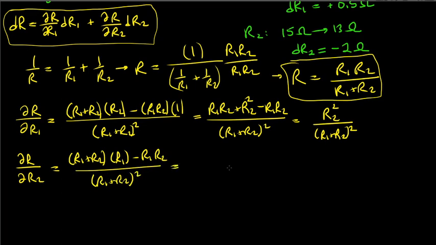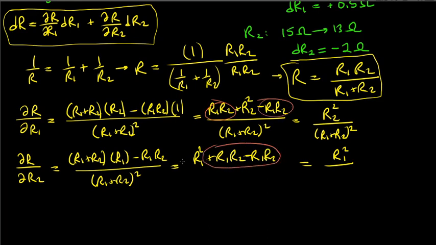Sure enough, you get R1 squared plus R1 R2 minus R1 R2. These things cancel, so R1 squared divided by (R1 plus R2) squared.